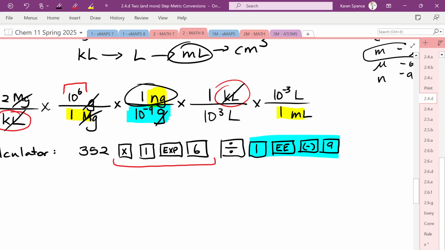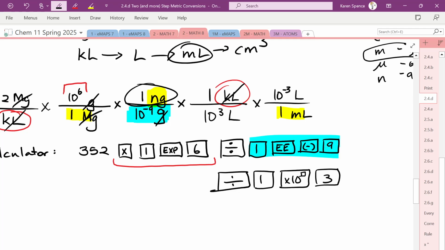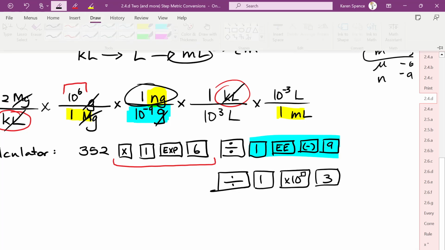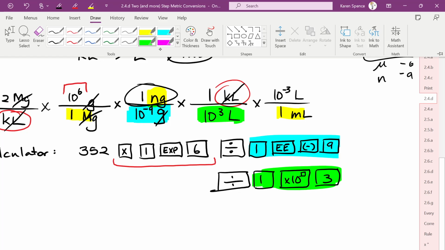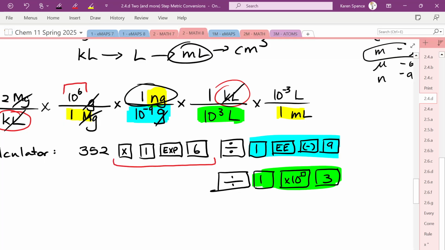And then we're going to divide by, I'm running out of room here, so I'm going to put it on the next line, 1 times 10 to the 3. And then what are we going to do with our 10 to the -3?